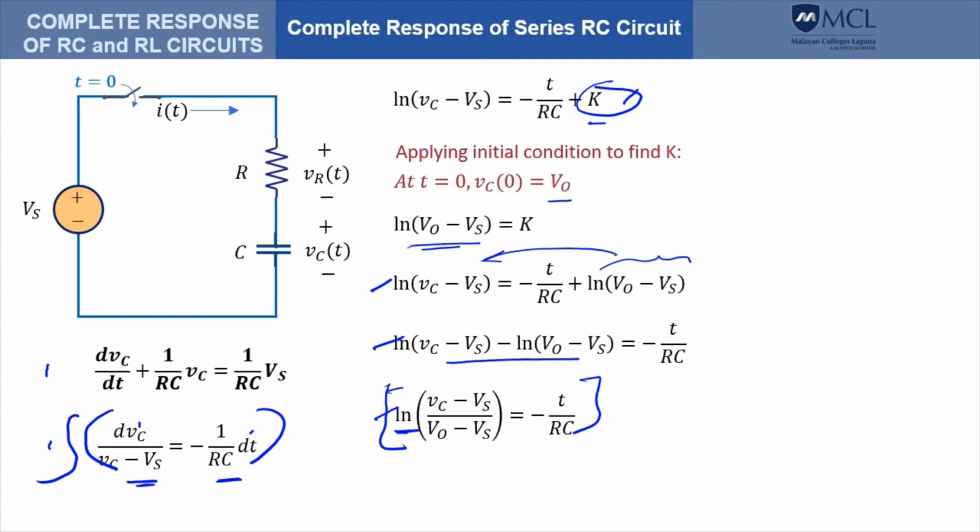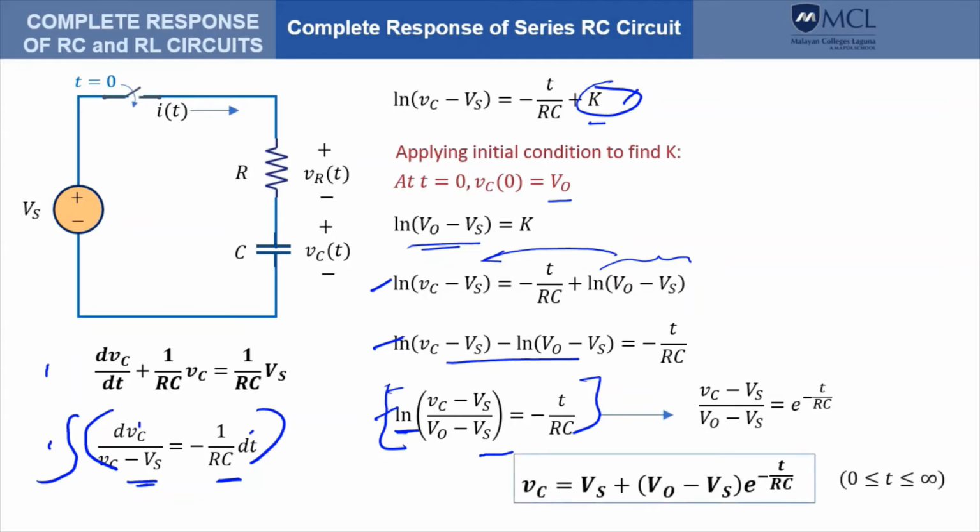So doing that, this equation can be written in this way, okay? And we can solve for v sub c from this equation. So our v sub c will be this one.